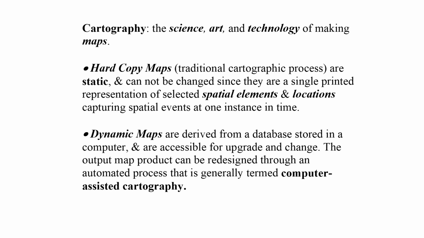So this hard copy map, we cannot change it since it is a single printed presentation of selected spatial elements and locations capturing spatial events at one instance in time. Another example is dynamic maps that derive from a database stored in a computer and are accessible for upgrade and change.